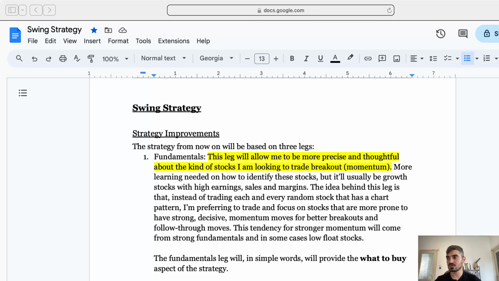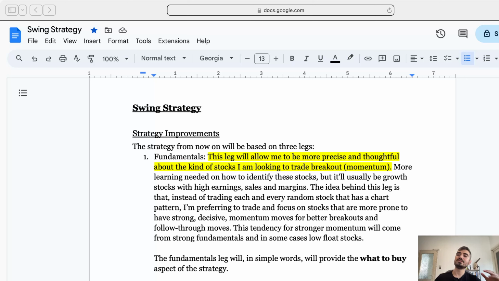This tendency for stronger moves will come from strong fundamentals and in some cases low float stocks. The fundamental leg, in simple words, will provide the what to buy aspect of the strategy.